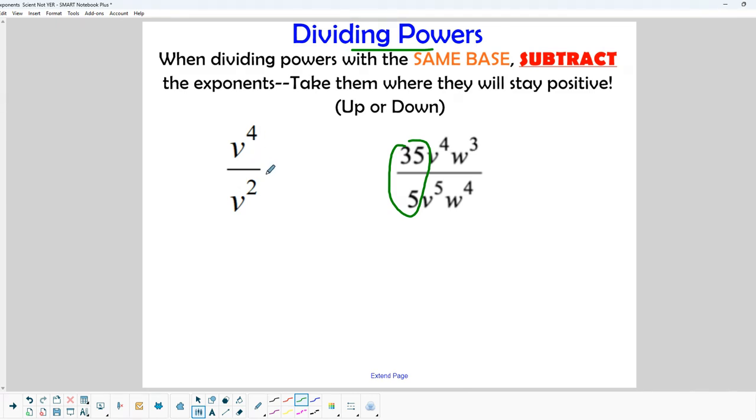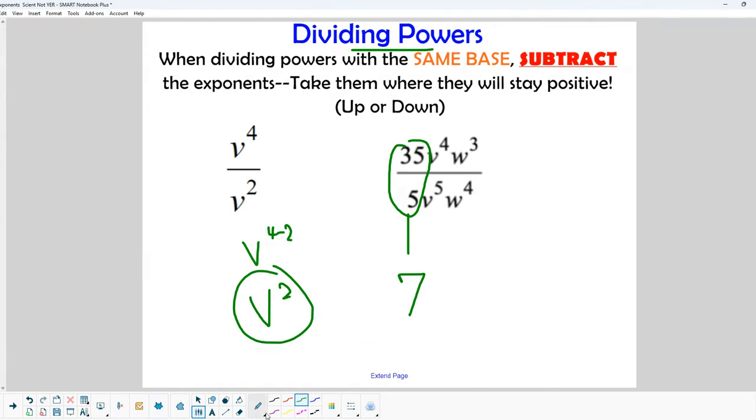So in this first one, we would go v to the 4 minus 2 power, which would equal v to the second power. On this next one, 35 over 5 simplifies to be 7.